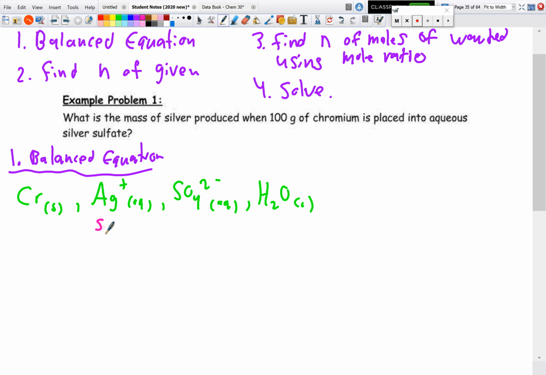Silver ion is strongest oxidizing agent. So we know we're going to have to use this one, and we can actually write out the half reaction as well if we want to. So that is the half reaction of the silver ion.